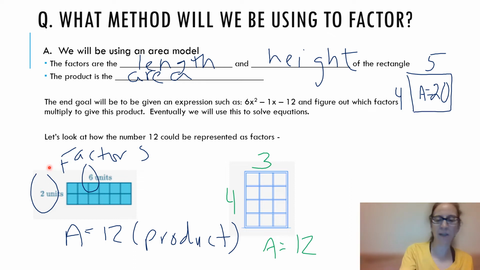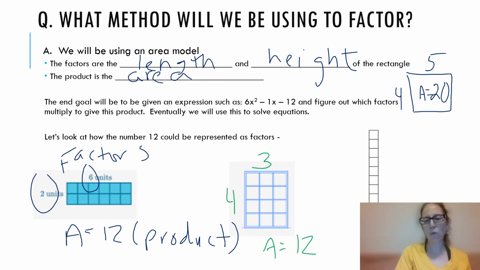Let's just do that just in case no one's ever done this or it's been a while. If you have 2 by 6, you have 2 squares this way, 6 this way, and you have 1, 2, 3, 4, 5, 6, 7, 8, 9, 10, 11, 12 rectangles. 3 by 4, 1, 2, 3, 4, 5, 6, 7, 8, 9, 10, 11, 12. Right? And then the last way would be that 1 by 12, and it is covered up by my face, but you'll be able to look at the copy of the notes that's posted online.